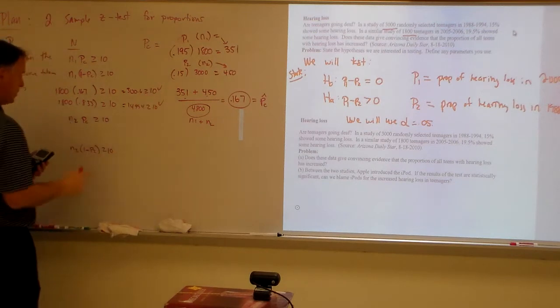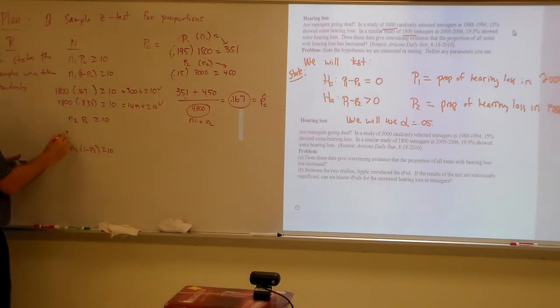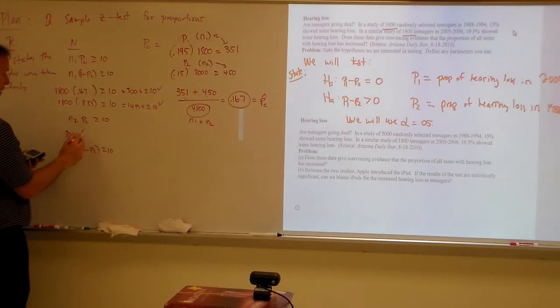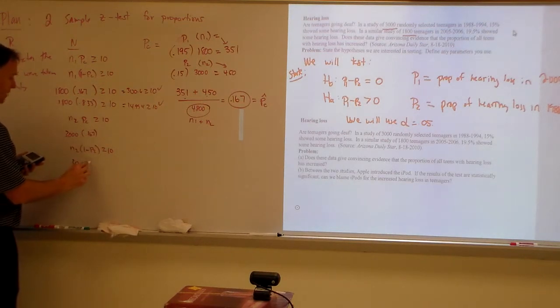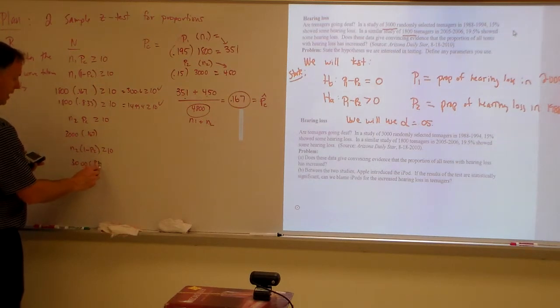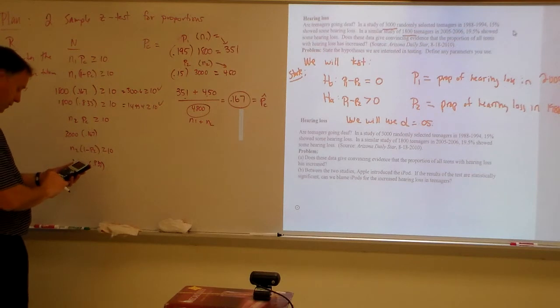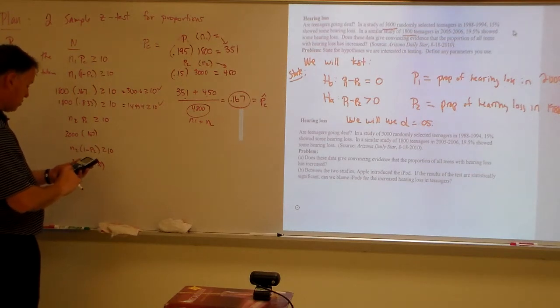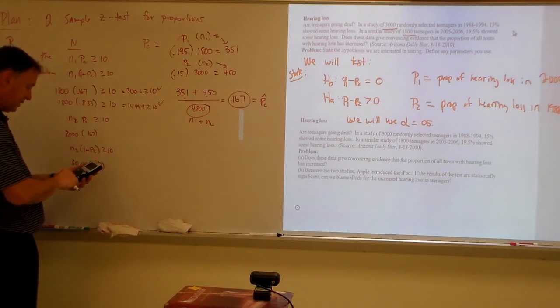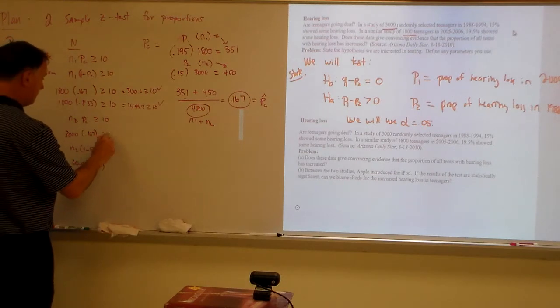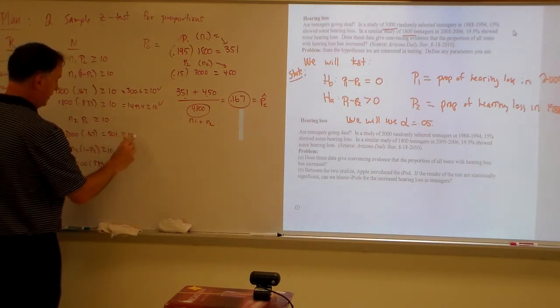Check, check. We go down here, my N2, that was 3,000 times that pooled proportion of 0.167, and 3,000 times 1 minus the pooled proportion, 0.833. So 3,000 times 0.167 equals 501. That is greater than or equal to 10.